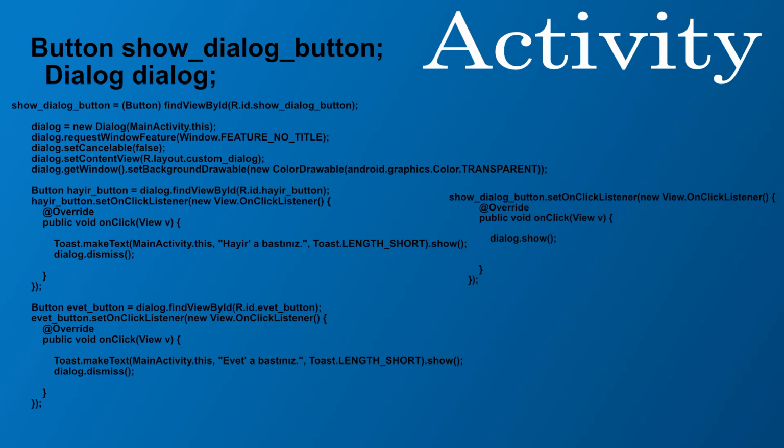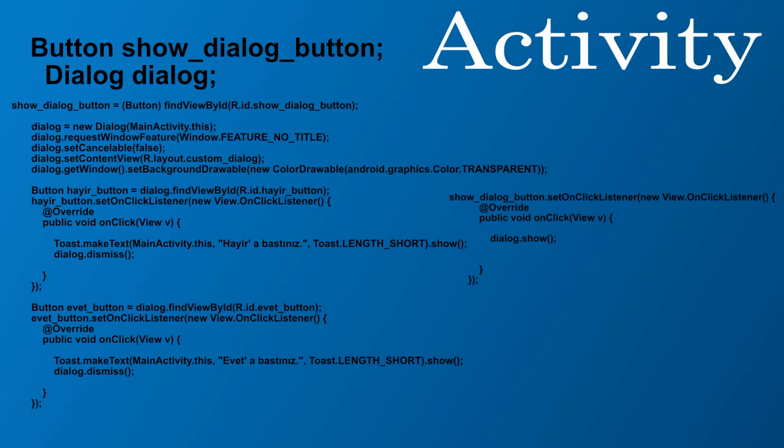This makes the dialog not cancelable for our users. And set content view: we set the content view to the custom dialog layout, which is the second layout. Lastly, set our background drawable transparent. We are going down.